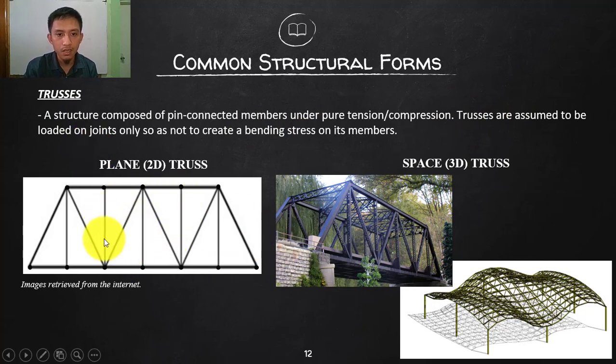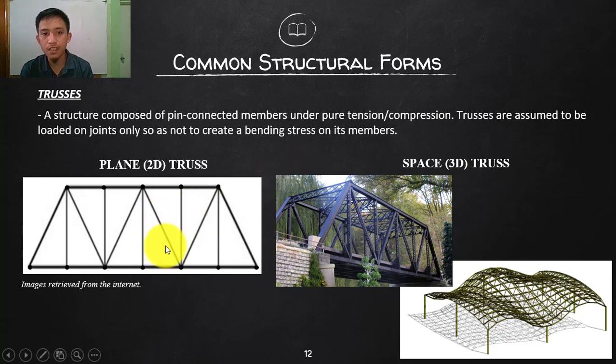So, okay, let's consider an actual scenario. Let's say this part of the truss is carrying an entire load. The entire part of the truss is carrying load. Maybe that is a uniformly distributed load. We are not going to analyze it that way if that is a truss. We are going to transfer this uniformly distributed load into concentrated loads at the joints of this truss before we start analyzing it.